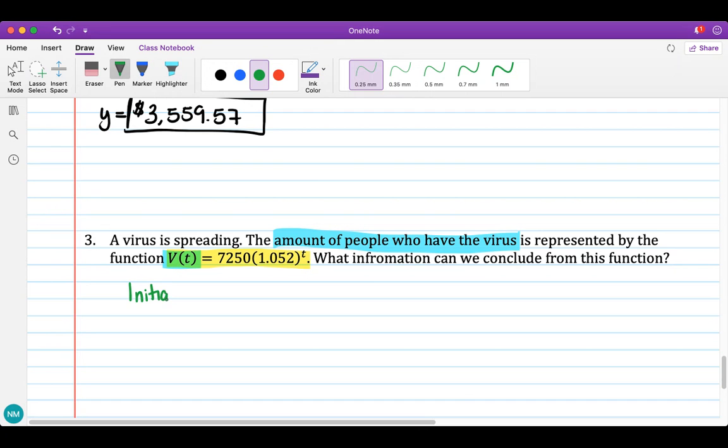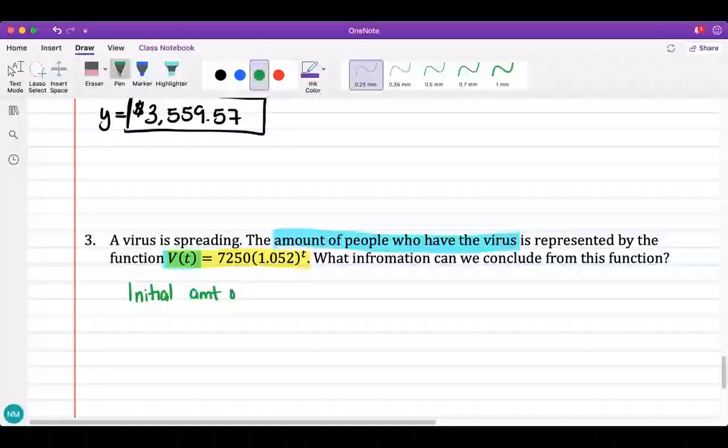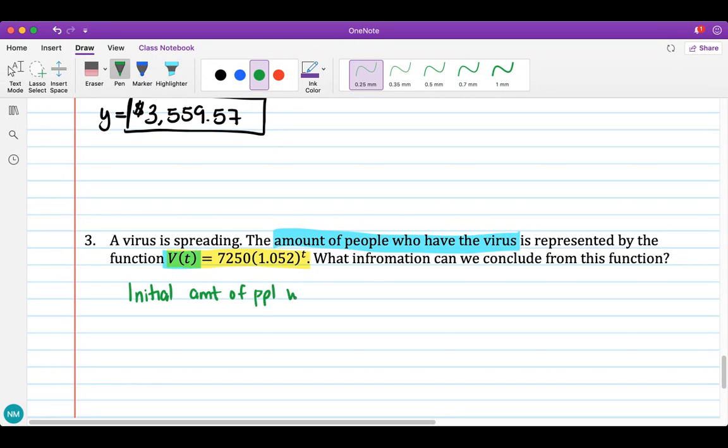Initial amount of people with the virus is equal to how many people? What's the initial value? 7,250. So that's what we can conclude from that. What else can we conclude? Well, is it growing or is it decaying?